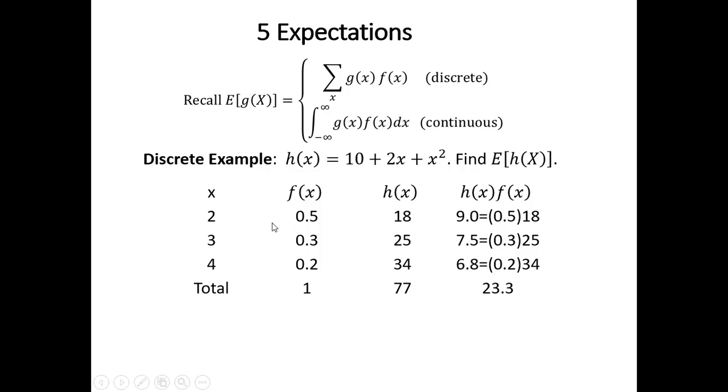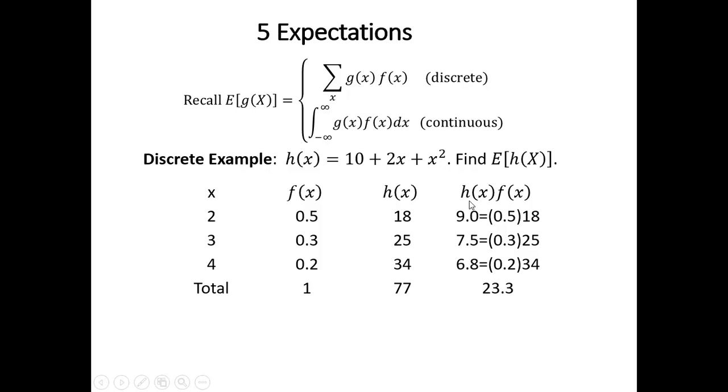So what we'd have to do is find h of x first. When x is 2, I want to look at h of 2. H of 2 would be 10 plus 4 plus 4. That's how we get 18. H of 3 is 25. H of 4 is 34.